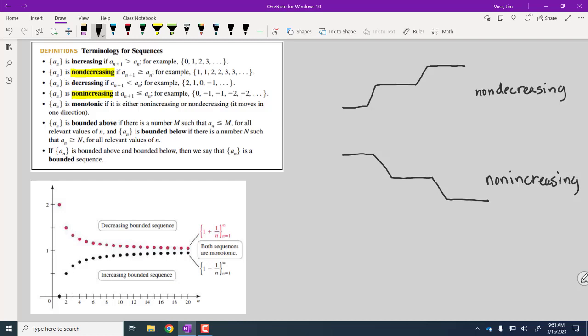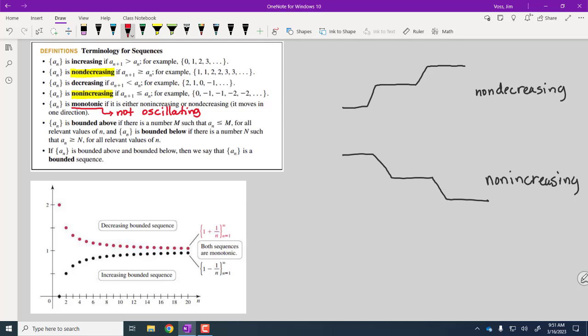Monotonic means that it's not oscillating. I think that's the most intuitive way to think about monotonic, is that it's not oscillating. So it's not doing like a sine or cosine type of thing. It's not going up and then down, any kind of movement like that. So it's either non-increasing or non-decreasing.